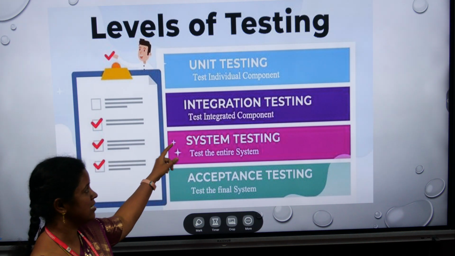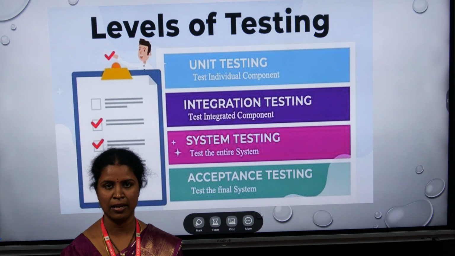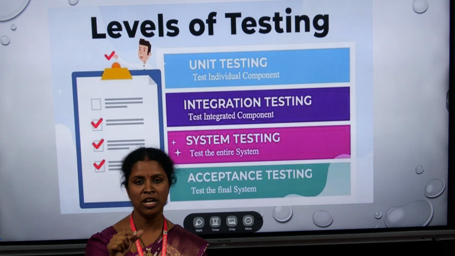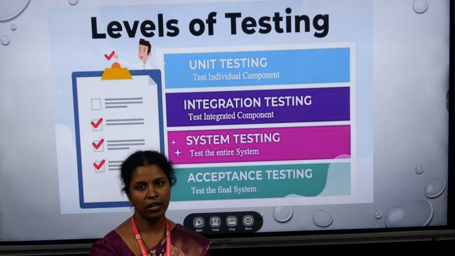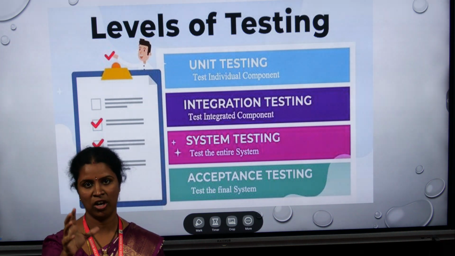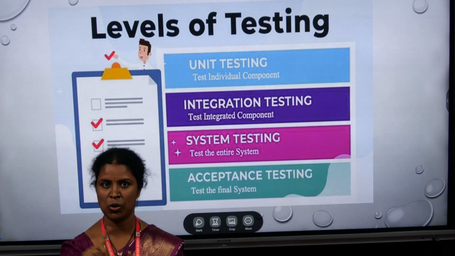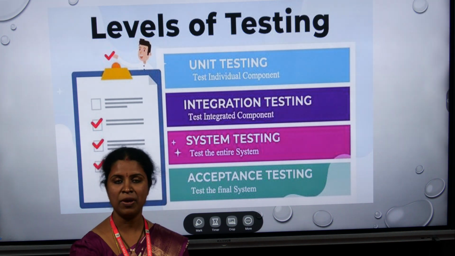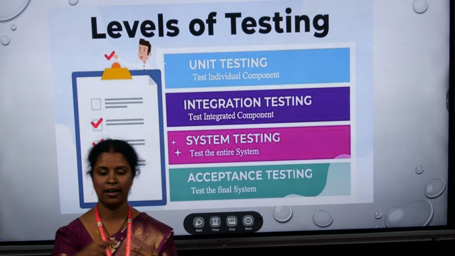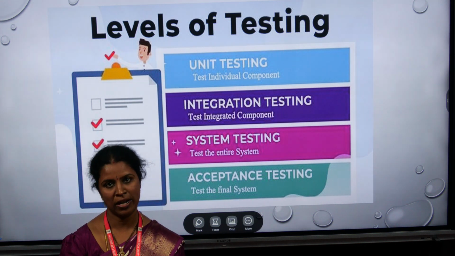Let's say the next example is for integration testing. Integration testing is integrating two individual, different components. For integration testing, we will take the same example of the login page. For the username, we test the application for 6 to 18 characters, right? Whereas for the password, the condition is characters, special characters and numeric characters.